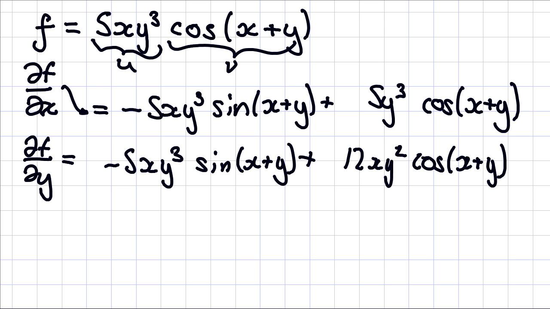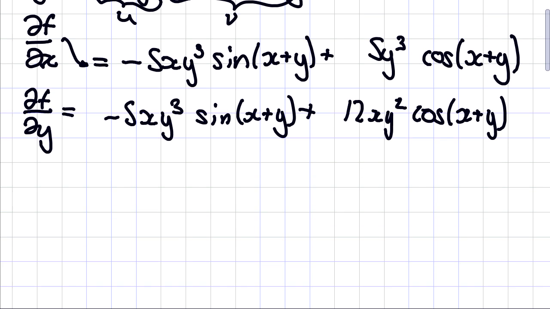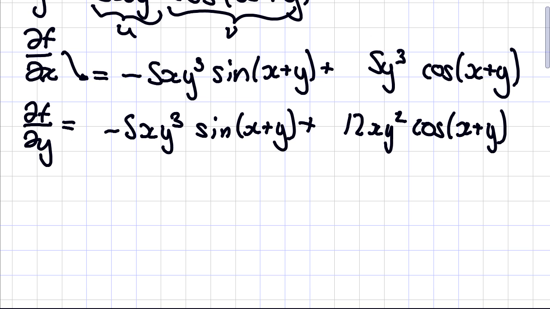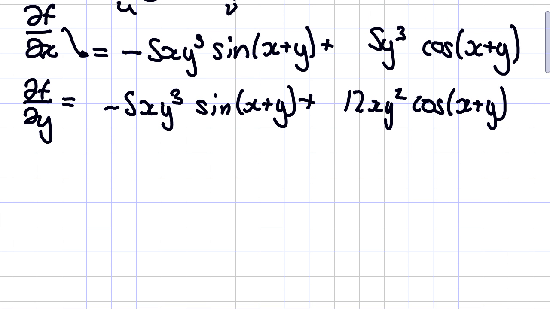So the next thing to do is to look at higher order derivatives. So we're going to calculate d2f dx squared. So first of all, we'll use the product rule on the first part of df dx.